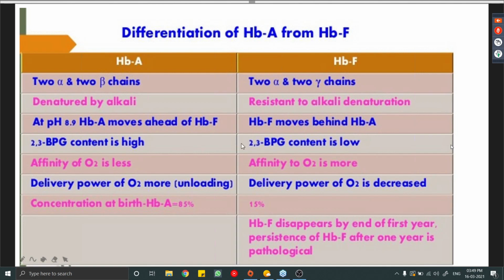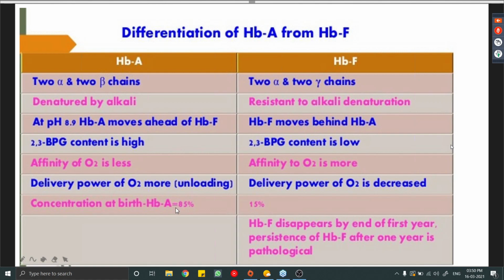2,3-DPG content is high in HbA, whereas it is low in HbF because of its more affinity towards oxygen, and because the gamma chains are less positive. So the affinity for oxygen in HbA is less, and in HbF it is more. So the delivery power of oxygen in HbA is more, leading to unloading and supply of oxygen to the tissues for metabolism, whereas in HbF the delivery power of oxygen is decreased.